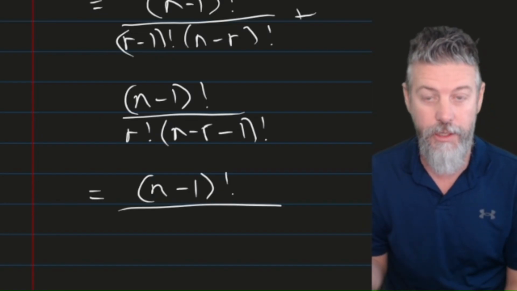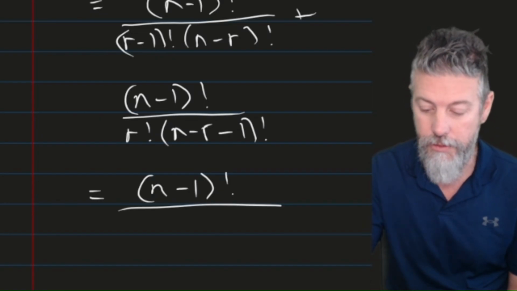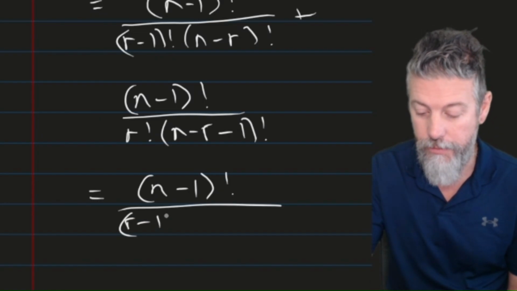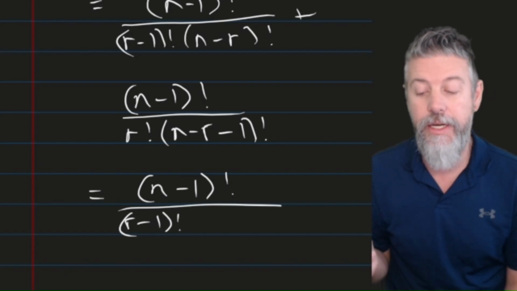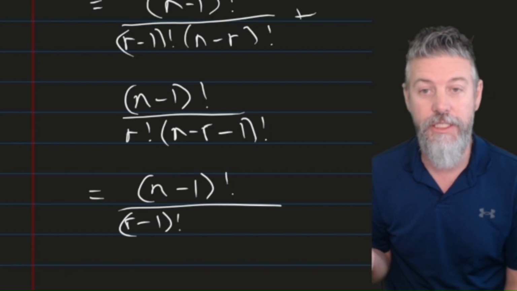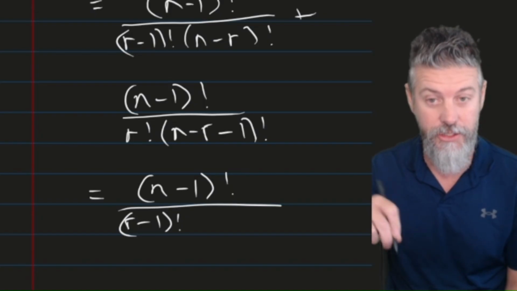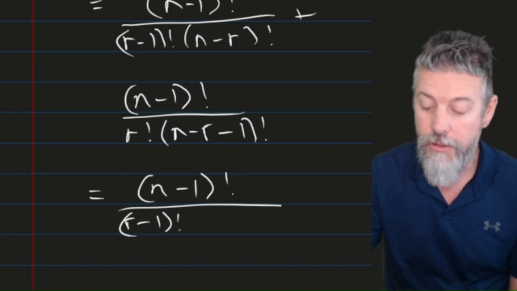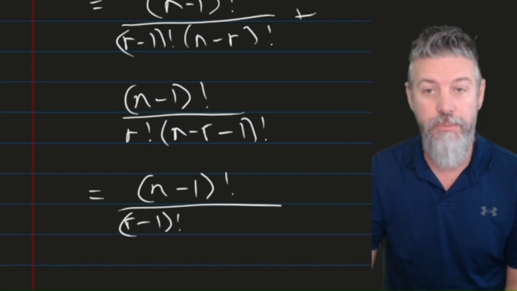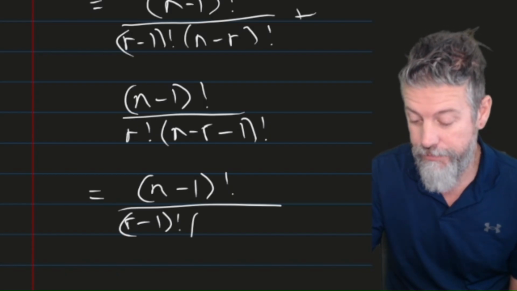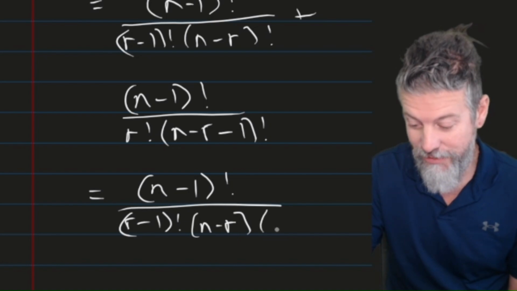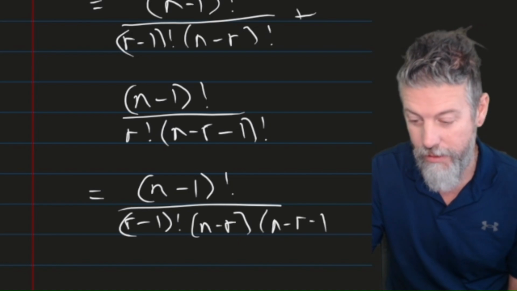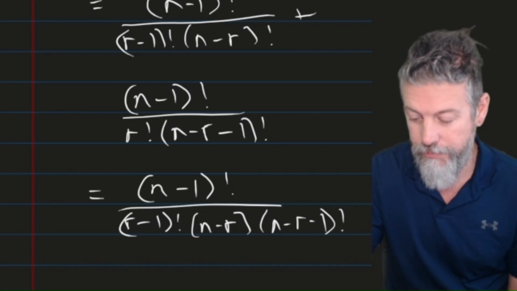Now (r-1) factorial is already the small one, so we're leaving it, (r-1) factorial. And then (n-r) factorial is the big one because in the second fraction, it's (n-r-1). So we're going to change it to be (n-r) lots of (n-r-1) factorial.